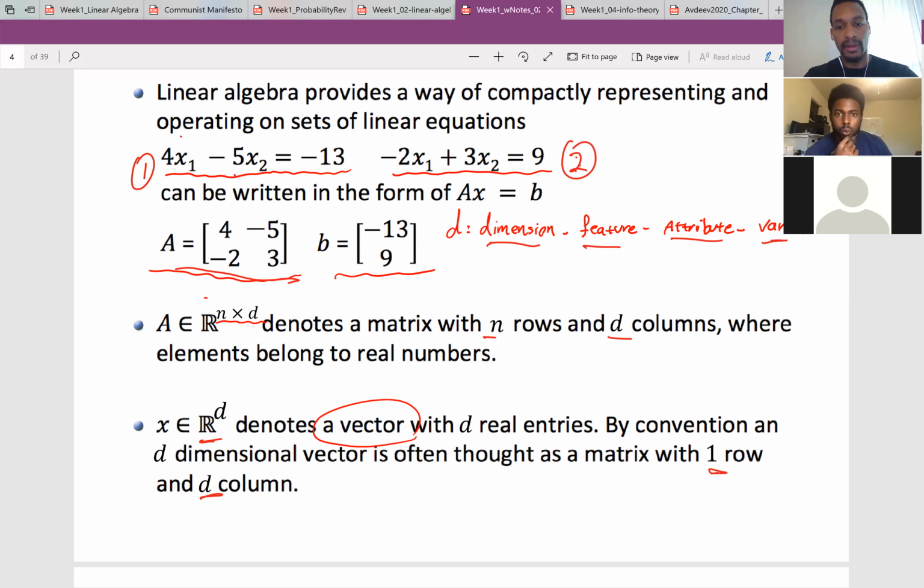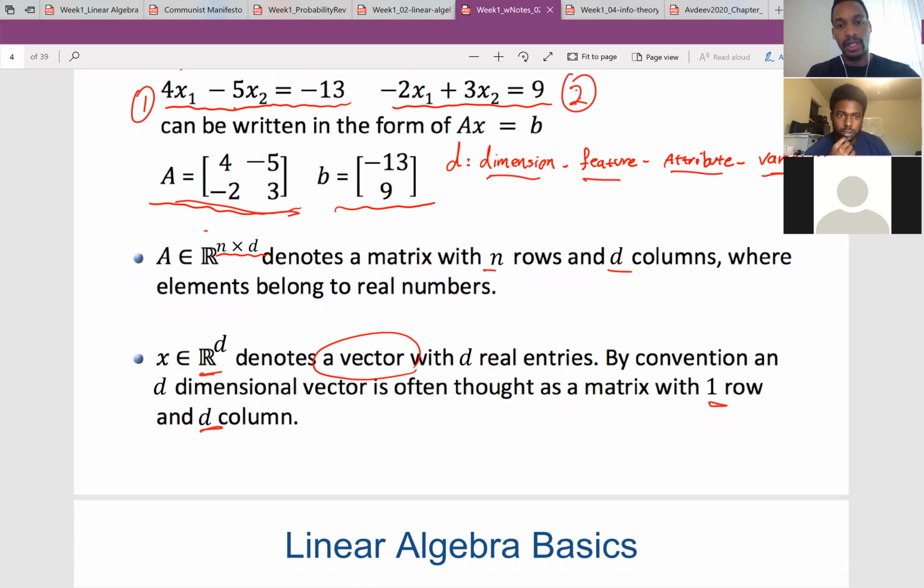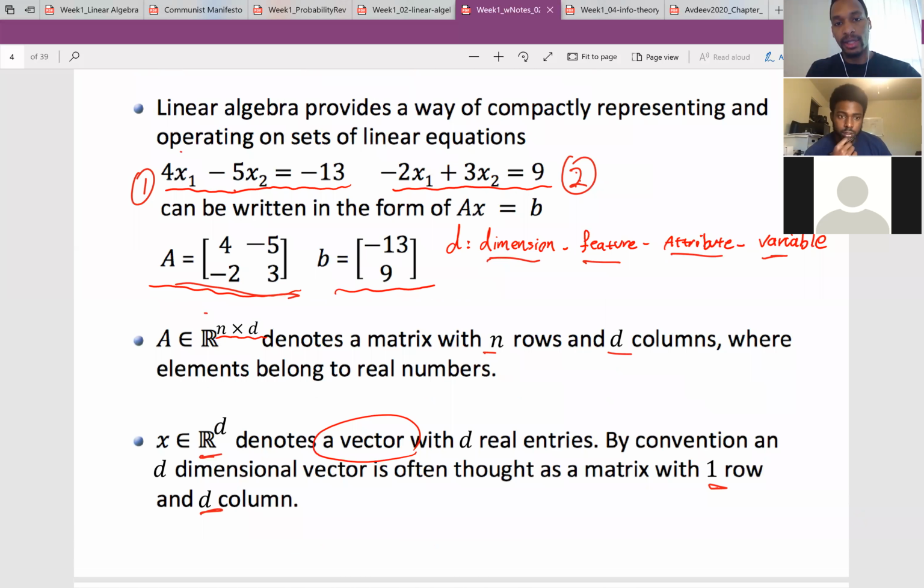What can be defined as features? The x, the vector? The individual entries of x. For example, I don't have an example, it's going to take too long to think about.